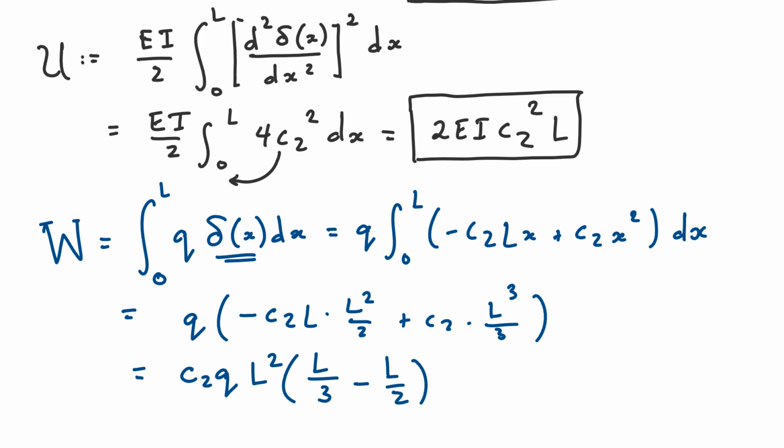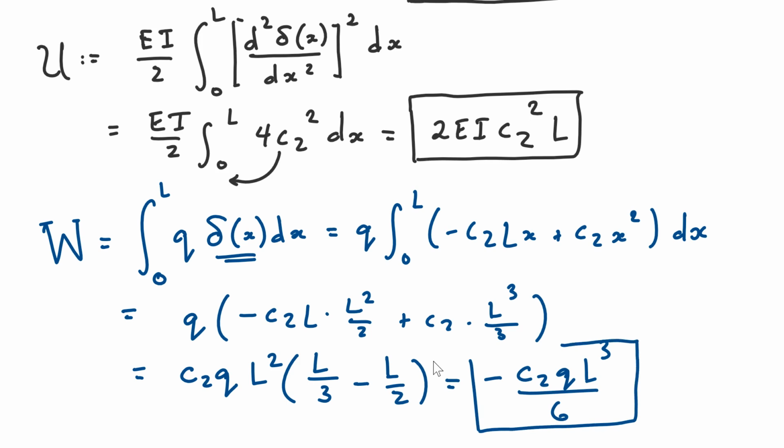Actually, we can factor out another L, but okay, whatever. L over 3 minus L over 2 is going to be 2L over 6 minus 3L over 6, which is negative L over 6. So it's going to be negative C2 QL cubed over 6. That's our work. That's the work done by the load.